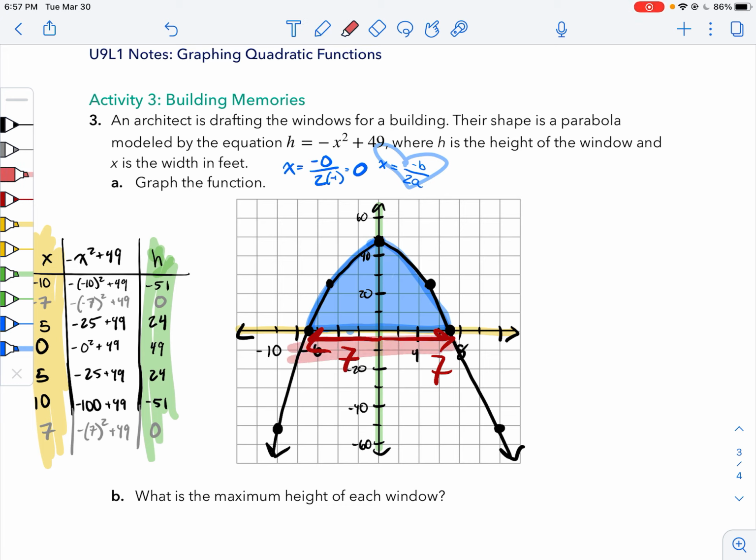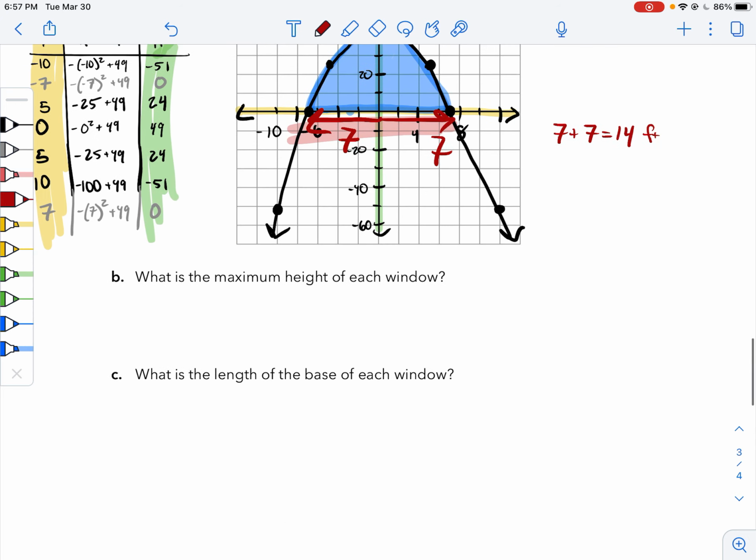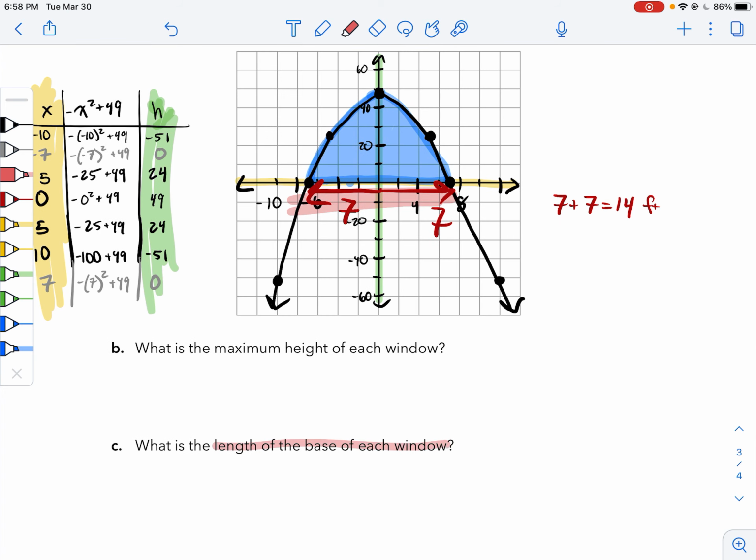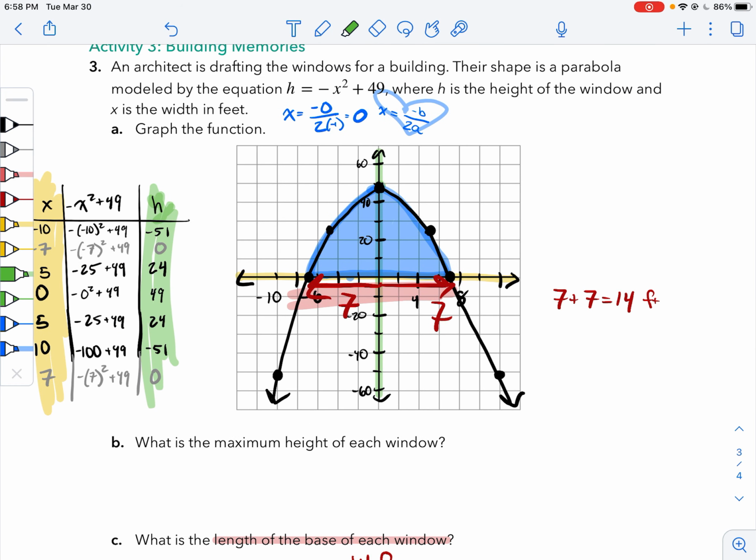This base is 7 plus 7, which is 14. Wasn't that great? That answers our last question. You're welcome. The length of the base of the window is 14 feet long. And what is the height of each window? Well, how tall does each window get? 49 feet.